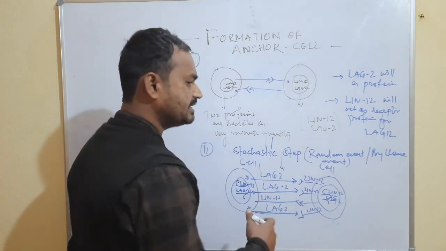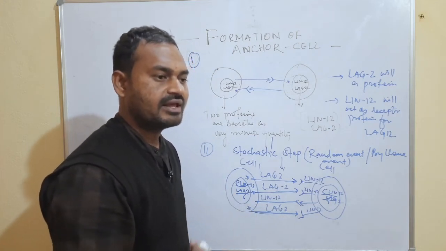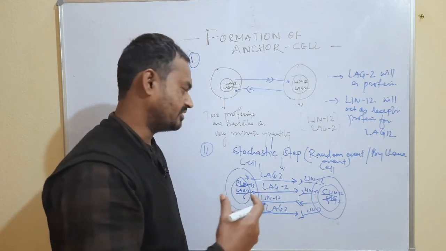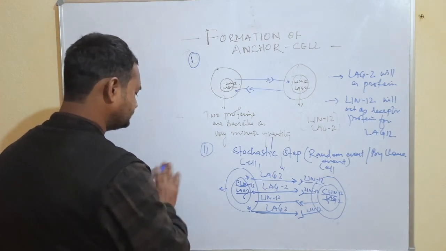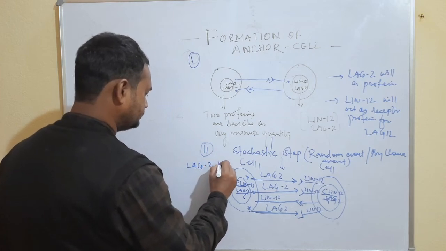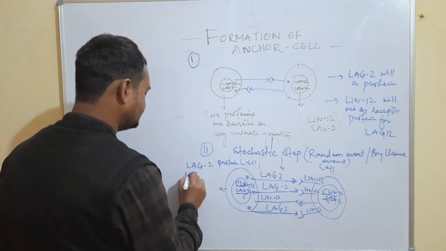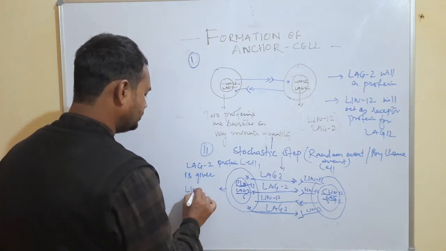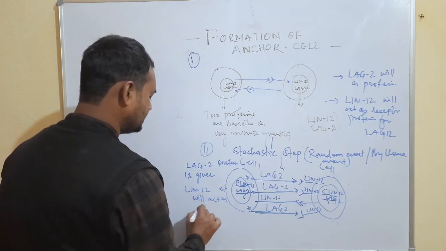Lag-2 protein is the giver, it will give the protein, and the lin-12 protein is the receiver. So what could be the conclusion? Lag-2 protein is the giver, and lin-12 protein will act as the receiver.